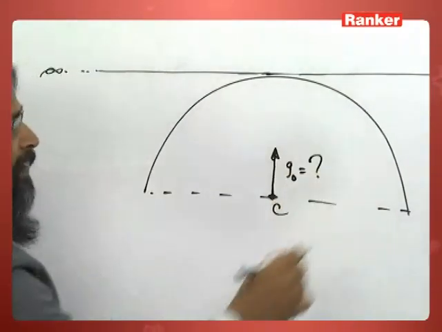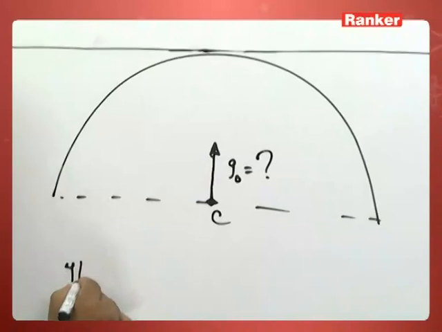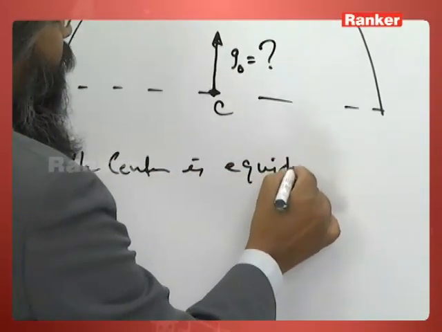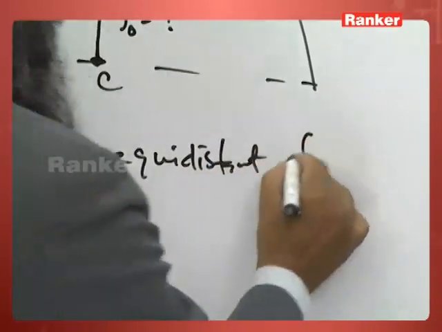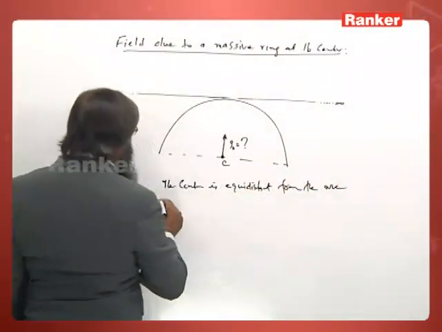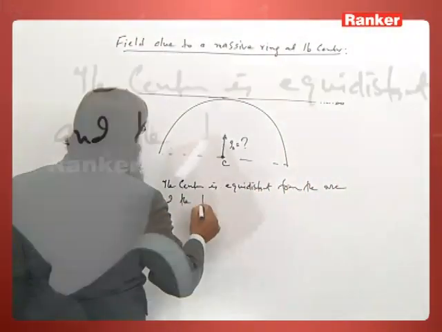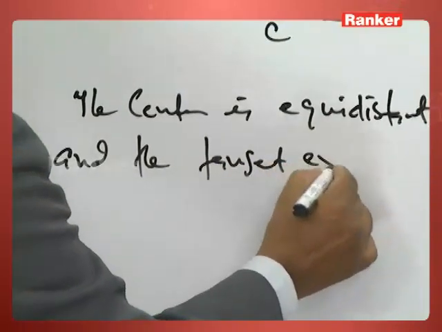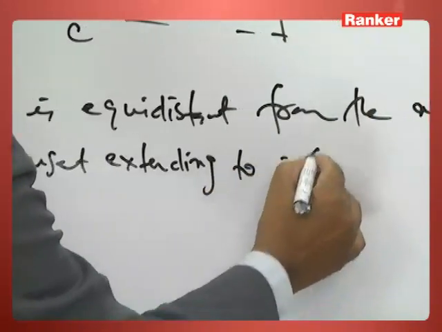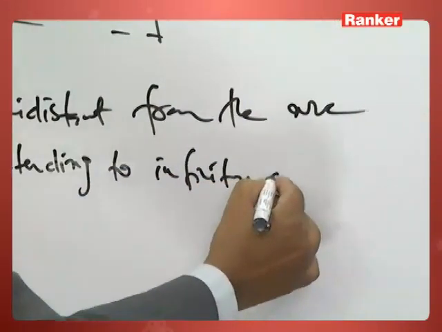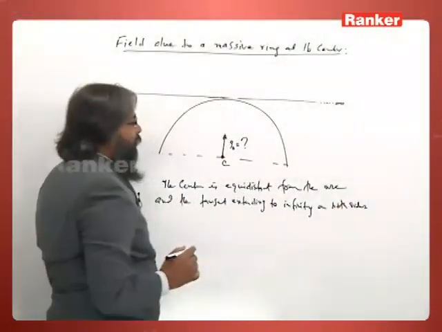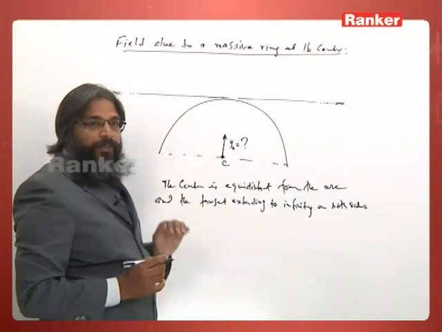So the center is equidistant from the arc, that is the semi ring, and the tangent extending to infinity on both sides. That means they are going to produce the same field.